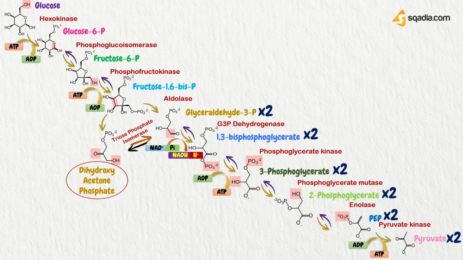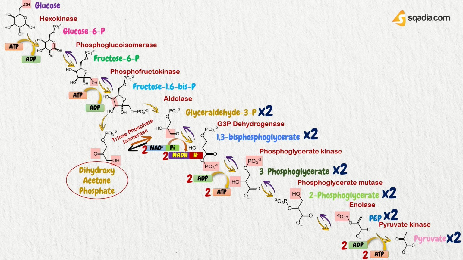So if everything has been multiplied by 2, there was involvement of 2 NAD, and there was production of 2 NADH. Similarly, there was involvement of 2 ADP that were converted into 2 ATP here, and similarly 2 ADP were converted into 2 ATP in the last step where pyruvate kinase was involved.